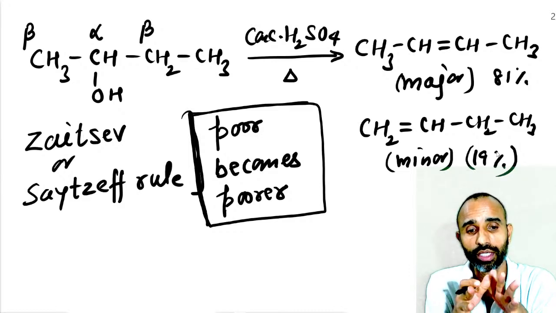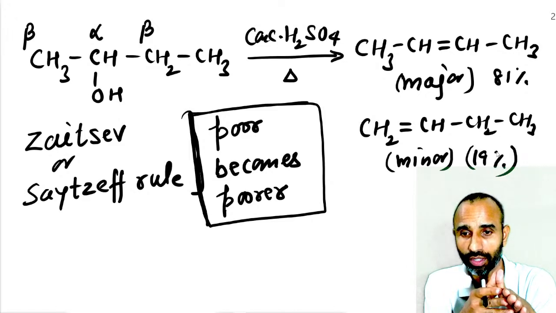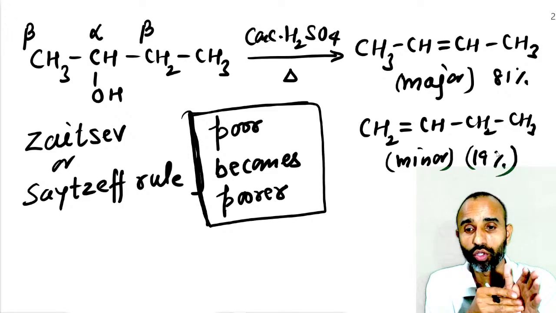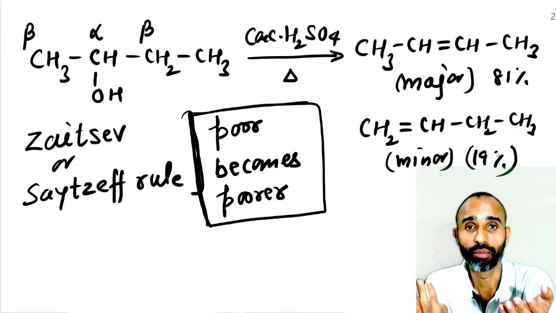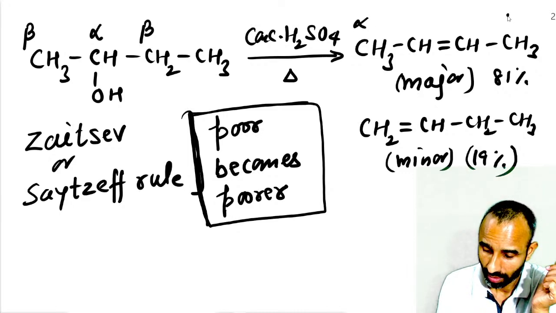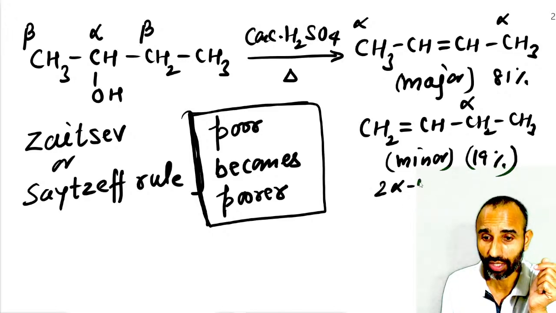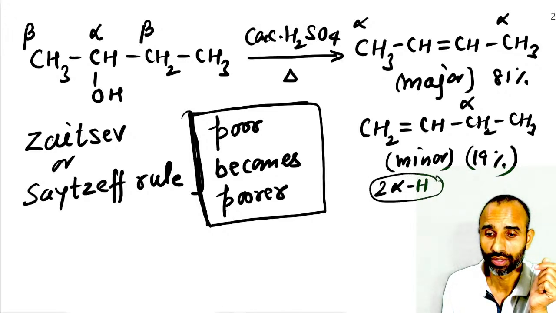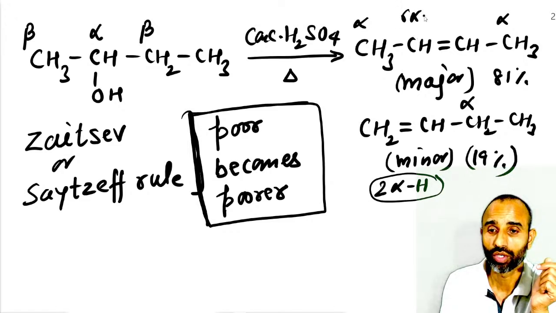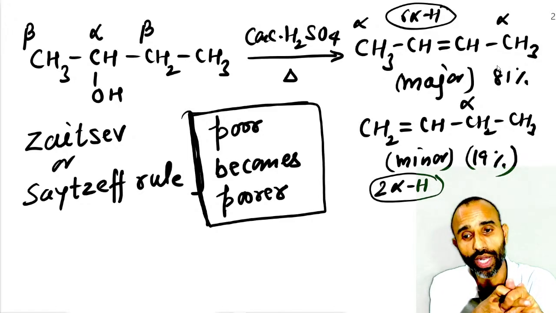Because of Saytzeff rule, and at the same time But-2-ene is more stable. Because it has 6 alpha hydrogens, and in the minor case But-1-ene there are only 2 alpha hydrogens, and because of hyperconjugation But-2-ene is more stable than But-1-ene.